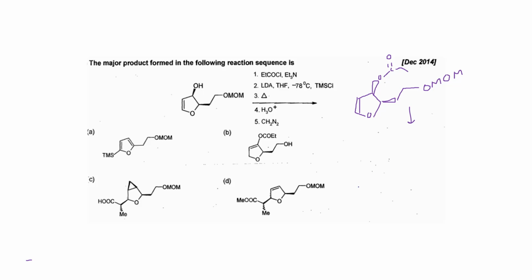Next, they have given LDA. So in presence of LDA, what will happen? There is an alpha hydrogen available here. So in presence of LDA and TMSCl, this proton will be eliminated through an enol formation.